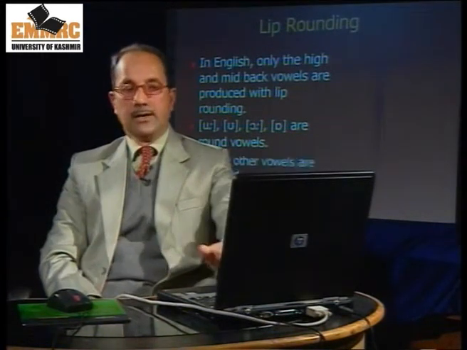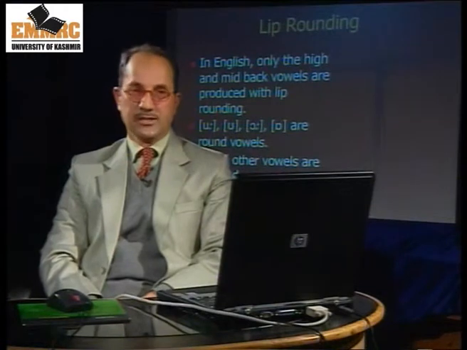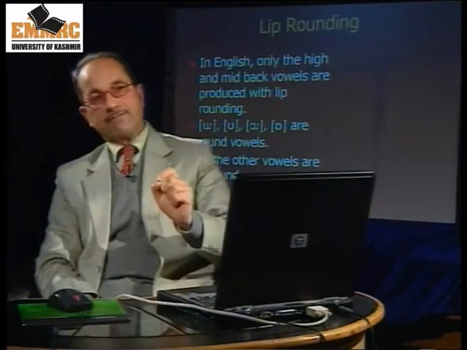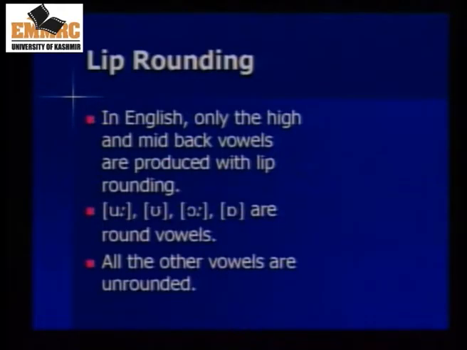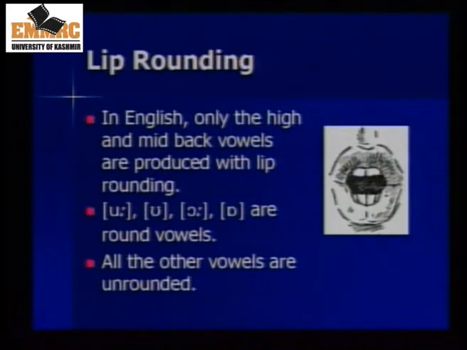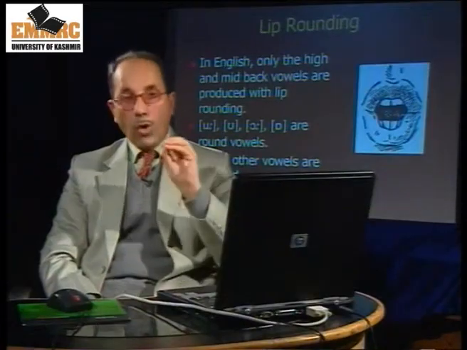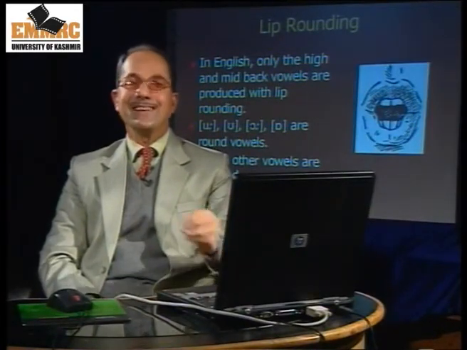So lip rounding, all these features are very important in order to identify whether an English vowel is rounded or unrounded. English, however, has a very small number of rounded vowels which are displayed on the screen. So if you look at the diagram here, which shows the lip rounding, this lip rounding can be more in oo than it is in aw or in other vowels.